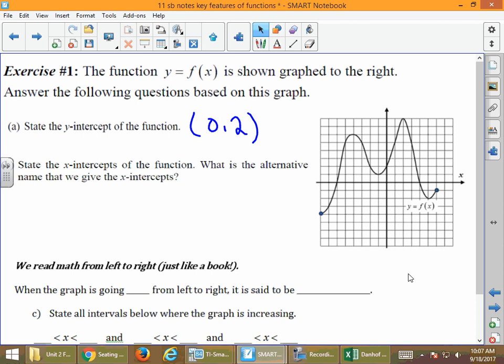If the y-intercept is where the graph crosses the y-axis, the x-intercepts are where it crosses the x-axis. It looks like we have a value at negative 6, 0, and there happens to be one more over here at 4, 0.